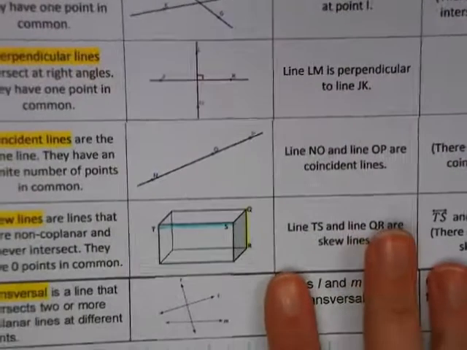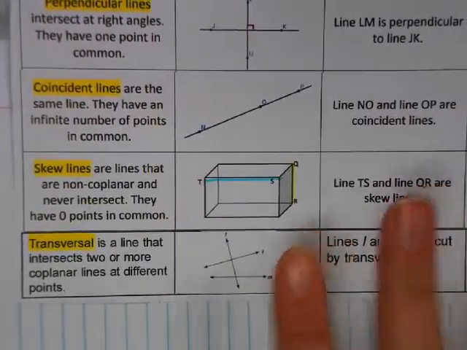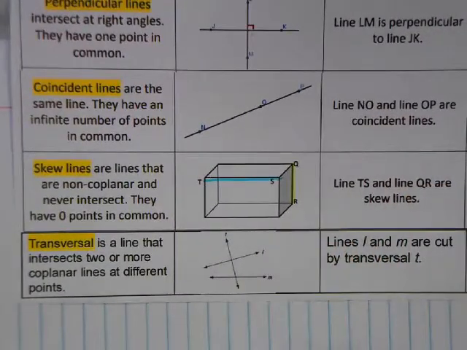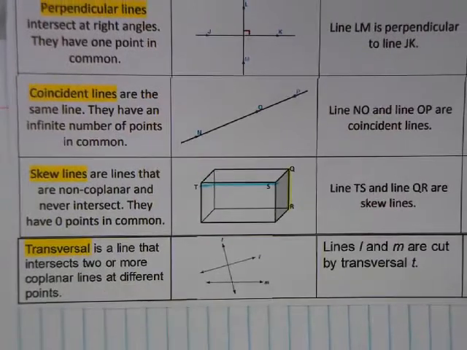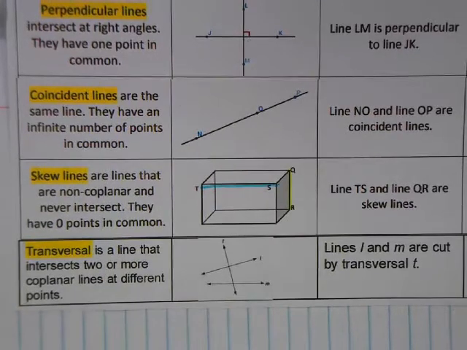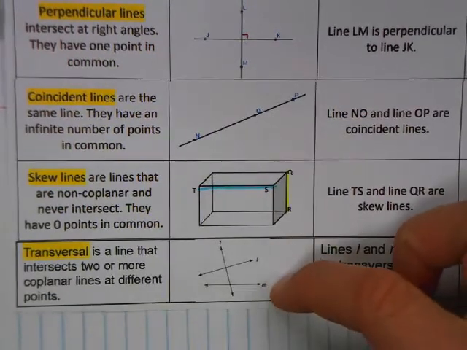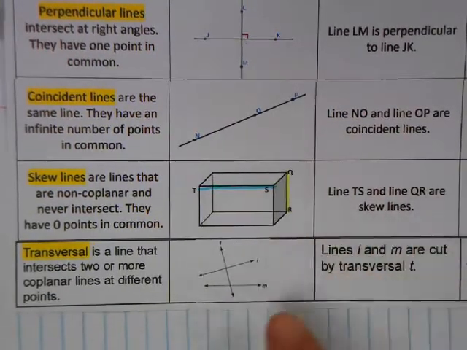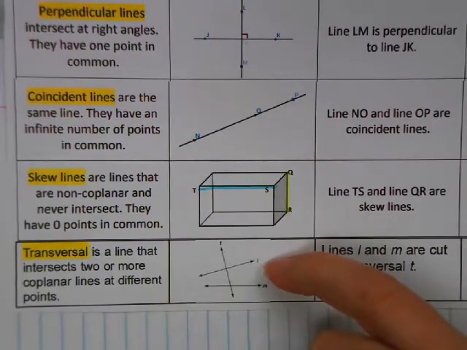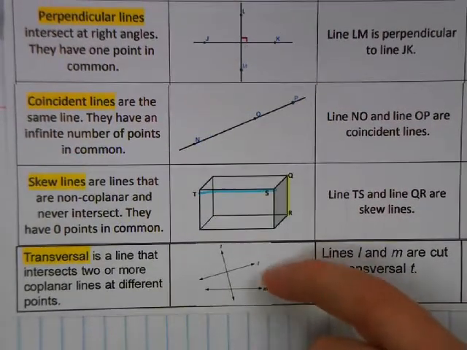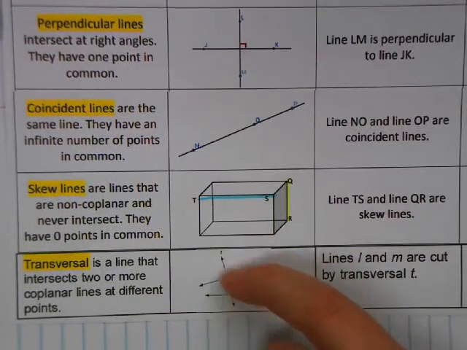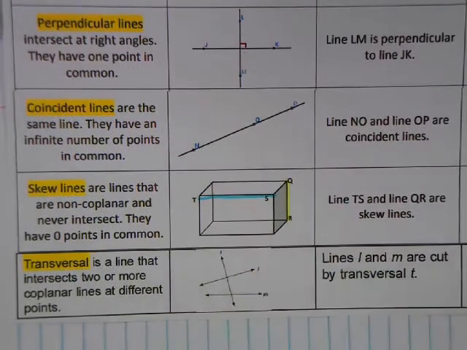And then know what a transversal is. So this definitely is a new vocabulary word, unless you were introduced to it in 6th grade. But a transversal is a line that is going to intersect two coplanar lines at different points. So here you'll see that lines L and M are intersected by transversal T at 2 different points.